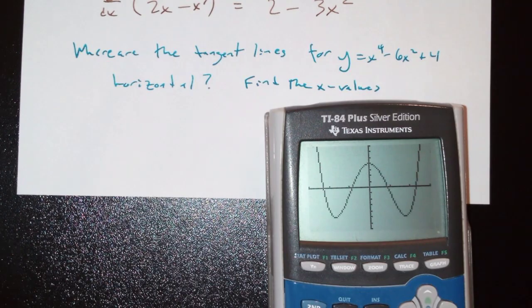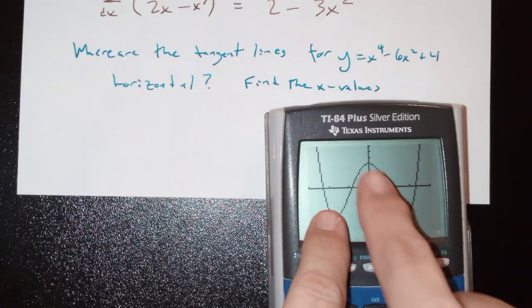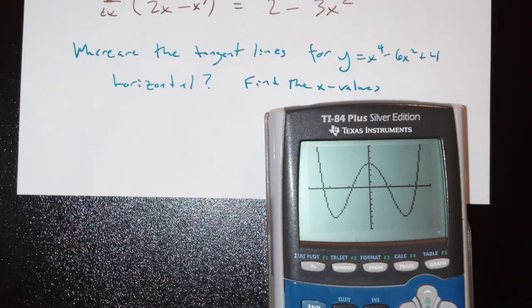I see some places where I think I'll have horizontal tangent lines, don't you? I think I see 3 of them. What are the x values? I mean, I could guess, but I don't have to.